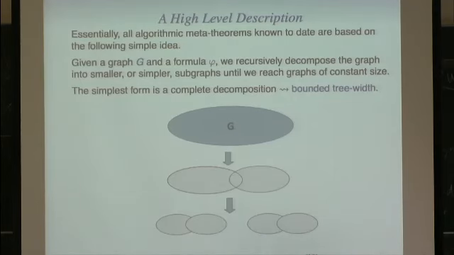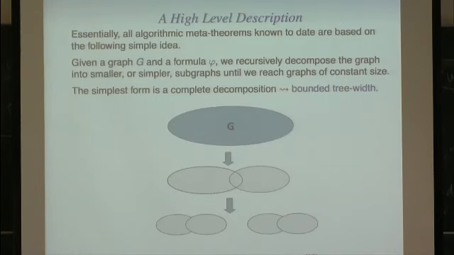Then you're basically in a situation of trees, right? And then you can compute whatever you want on these constant size subgraphs, and then combine this to get the full result. Graphs which can be decomposed in this sense up to constant size subgraphs are known as graphs of small tree width. That's the first type of results you'll see.